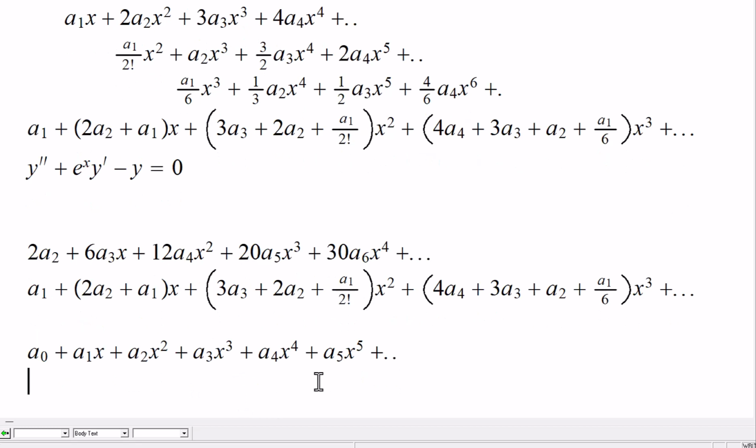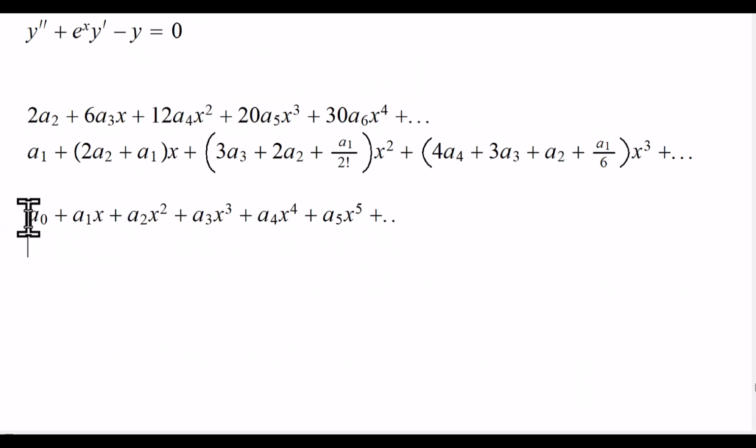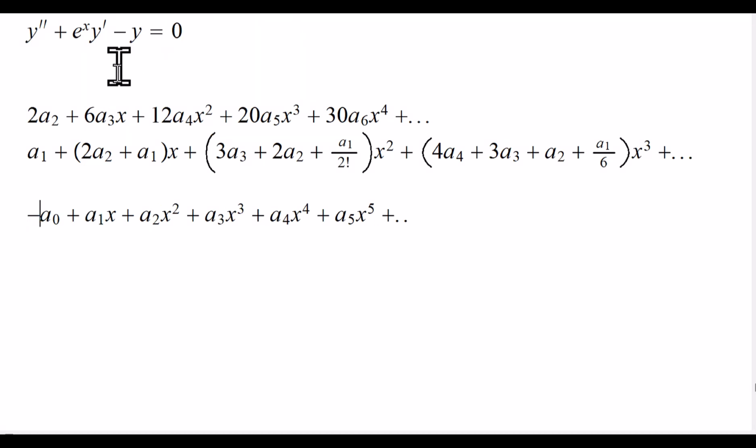And now what we would do is simply combine the like powers of x. But before we do that, let's remember that it was minus y at the end. So we'll change all these signs to negative. We are not going to be needing these, still we are changing them to negative.